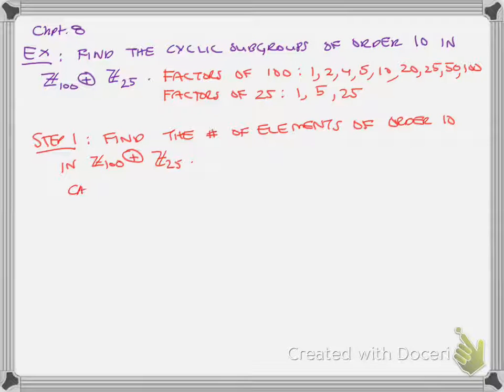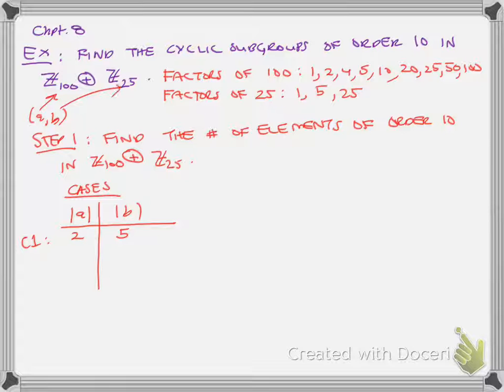If we look at cases, the order of A and then the order of B, case 1 would be A could be 2 and B could be 5, because A, B is an ordered pair where A is coming from Z100 and B is coming from Z25. In terms of finding those with order 10, the least common multiple of the orders will be 10. And so when A is 2 and B is 5, the least common multiple is 10.